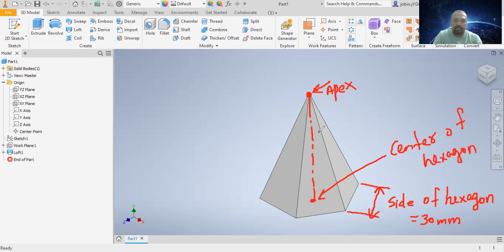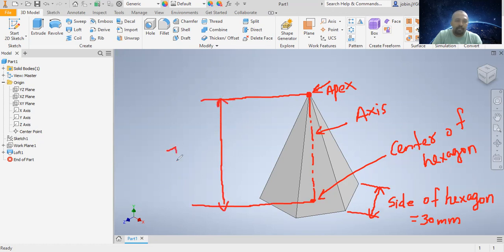Okay, this line is called the axis, and the length of this axis is given, that is equal to 74 millimeter. That means this is the height of the pyramid.